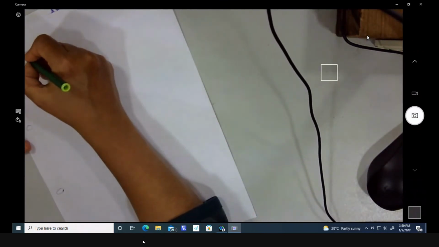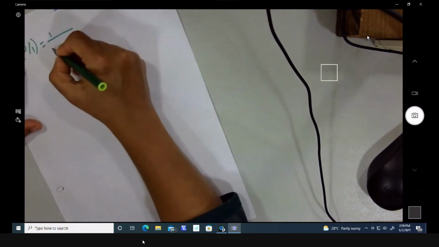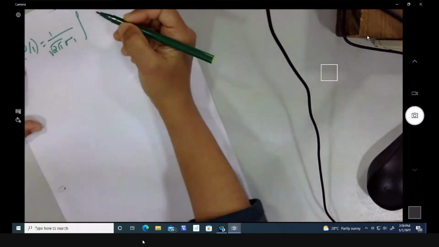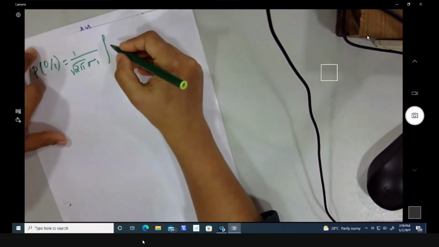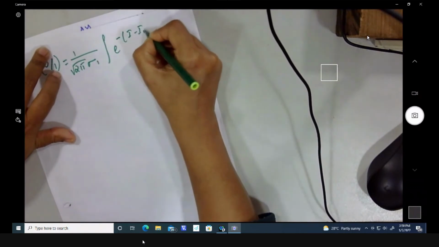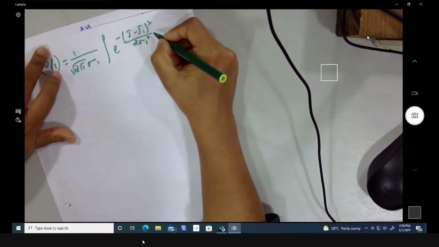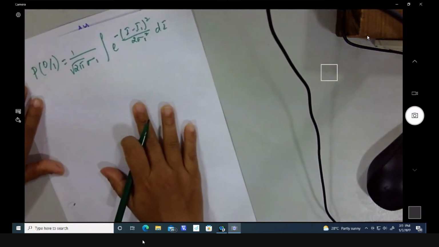I can write that as the probability of 0 detected when 1 transmitted equal to 1 divided by root 2 pi sigma 1, and we have to specify the area, I mean the integration, e to the power of minus (I minus I1) whole square by 2 sigma 1 square into dI.